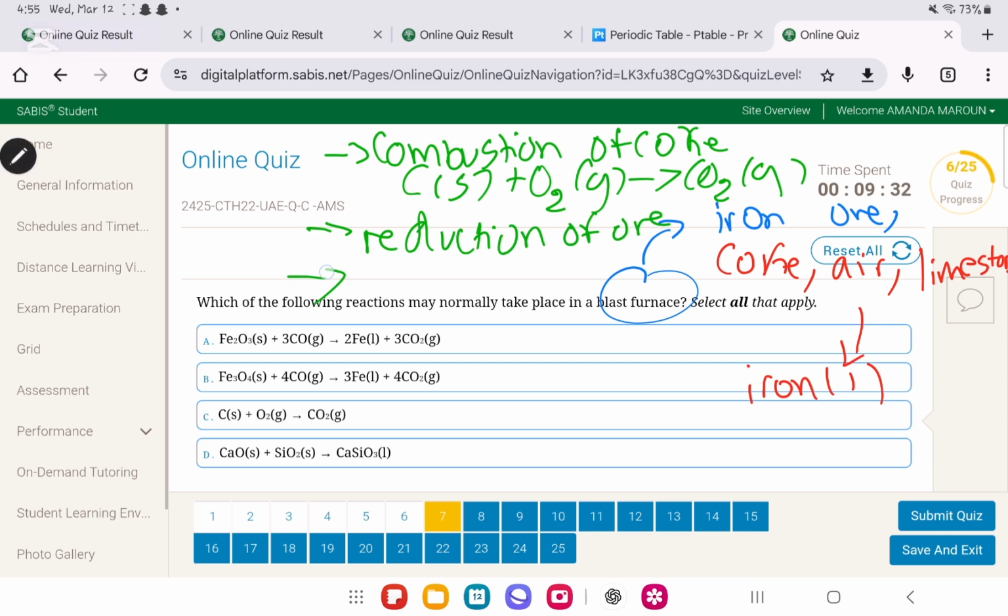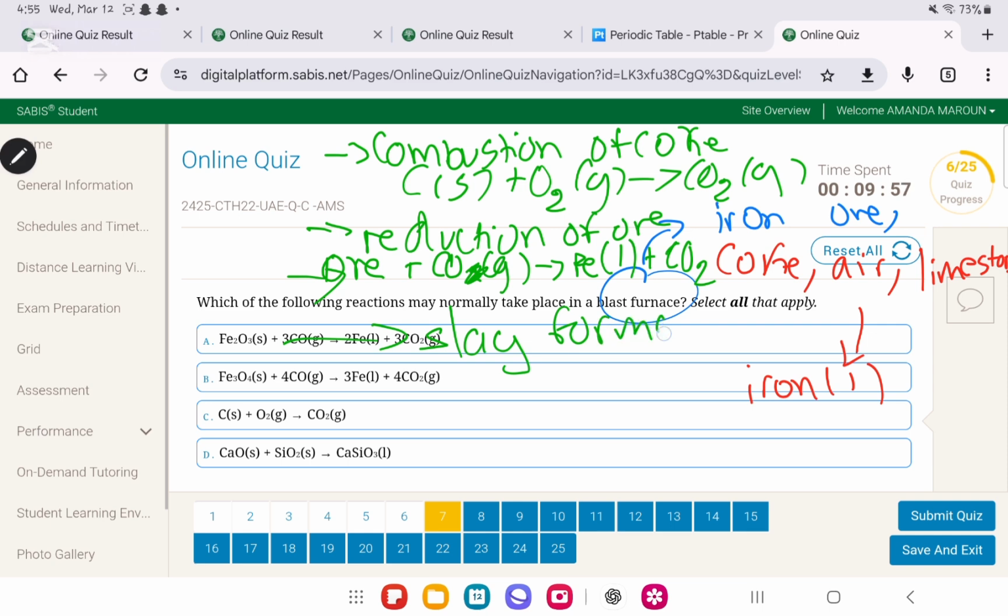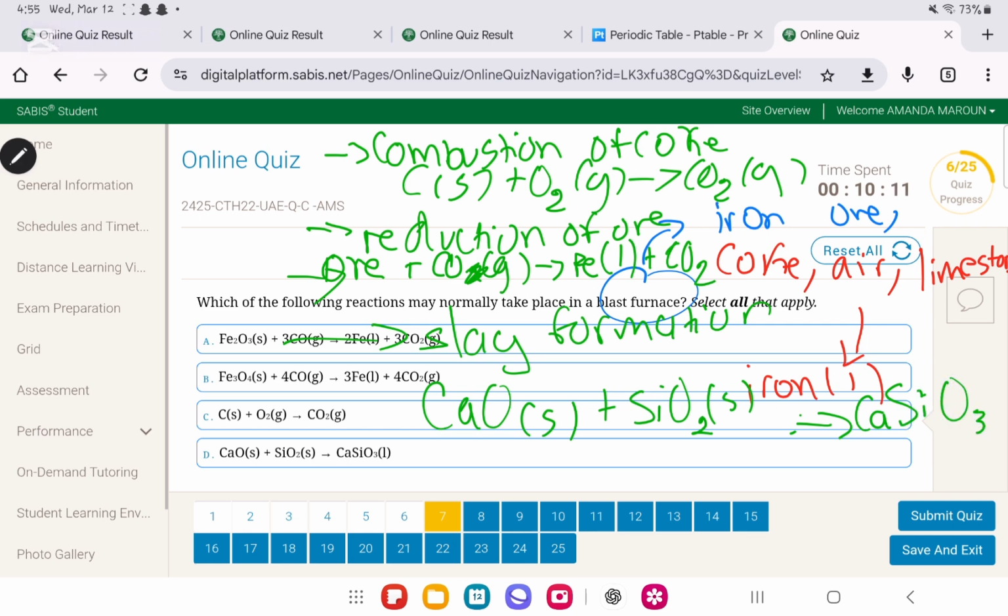So it's the iron ore plus carbon monoxide that will form liquid iron plus carbon dioxide gas. And then finally, the last step is the formation of slag. Very simply, the equation is CaO, calcium oxide, plus SiO2, silicon dioxide. This will give us calcium silicate, CaSiO3.